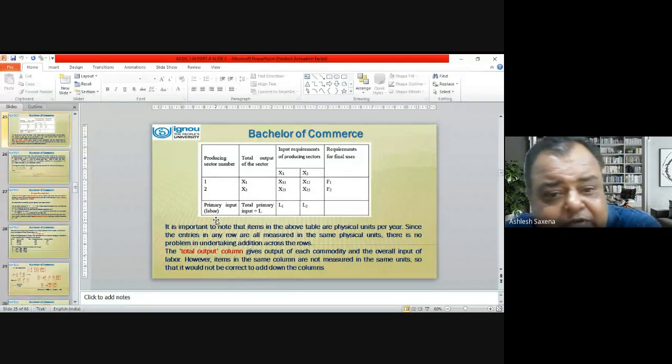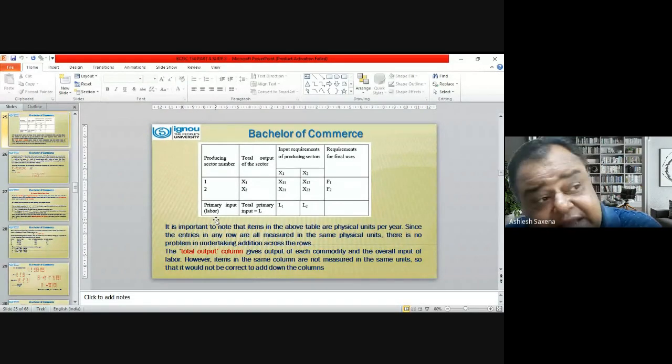We have producing sector number 1, 2. We have total output of the sector as X1 and X2. And we have input intermediaries of producing sectors X1, X2. That means it will be in relation of X11, X12, X21, and X22.